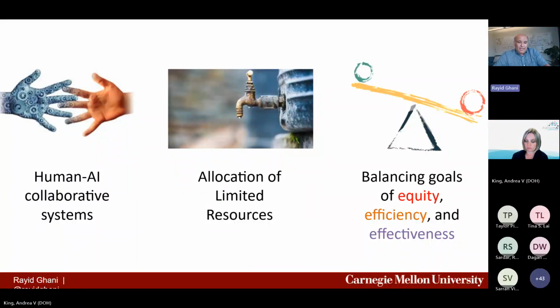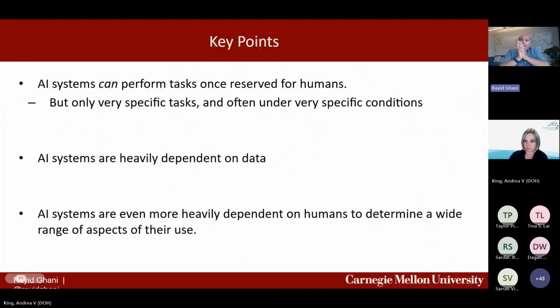If you go to the next slide, here are some base level things that you've probably heard, but I want to repeat them in case. There is a lot of opportunity with AI tools today, where a lot of these AI systems can do things that people were good at.